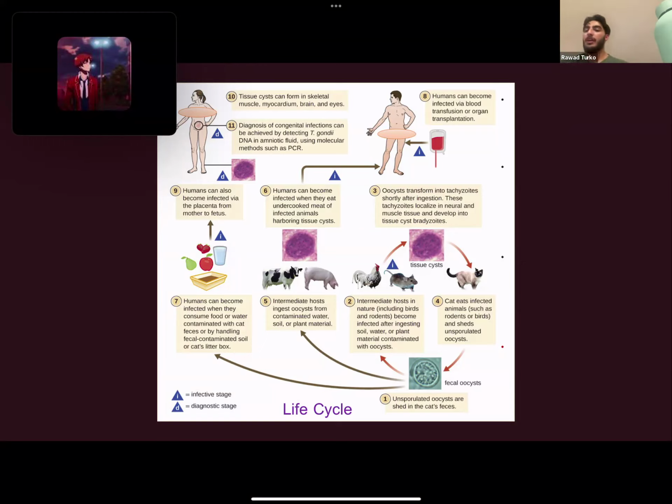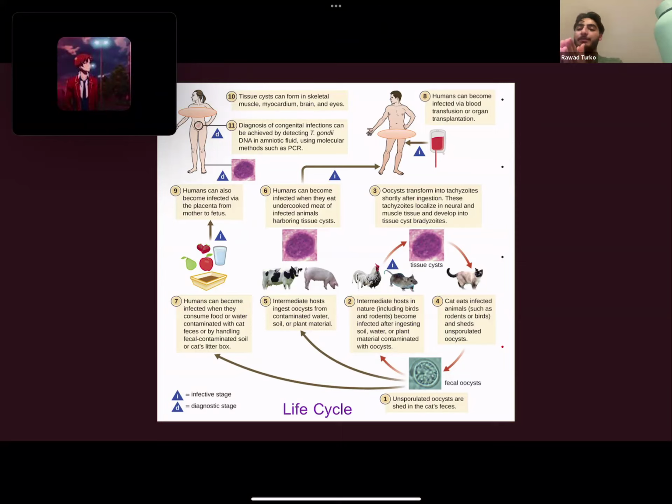So basically, this is a bit of a complicated life cycle, but we'll try to dissect it as much as we can. What you can have are these unsporulated oocysts inside of the cat's feces, okay? From there, a bunch of different things can happen. Either you can have intermediate hosts that ingest these oocysts, so that would be your cattle and your pigs and stuff like that. And then they can be infected with these tissue cysts, and then the humans eat uncooked meat.